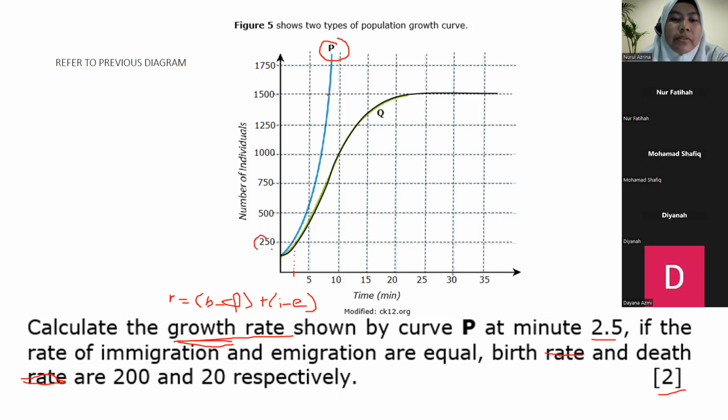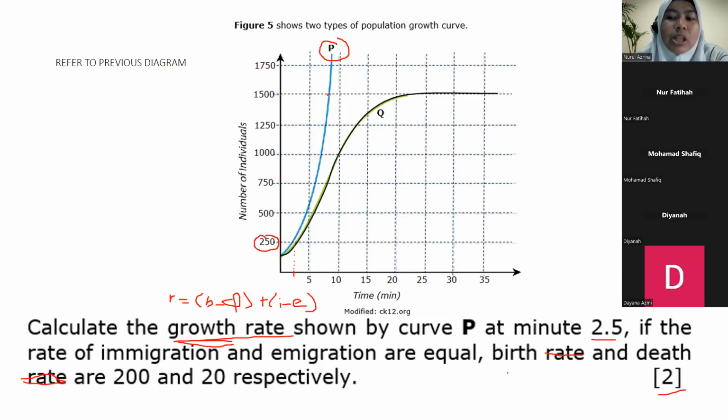You dapat 250. So 250 ni you boleh guna untuk dapatkan apa? The birth rate and also the death rate. So R equals to B 200 minus D 20 over 250 because your data given here is not in the form of rate.